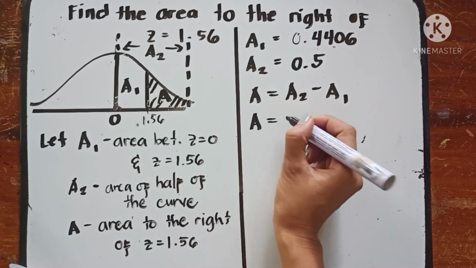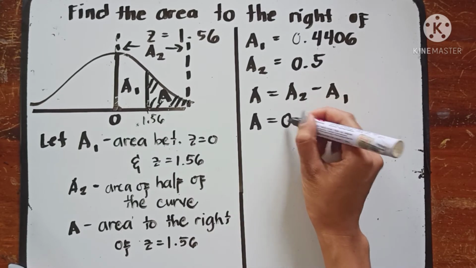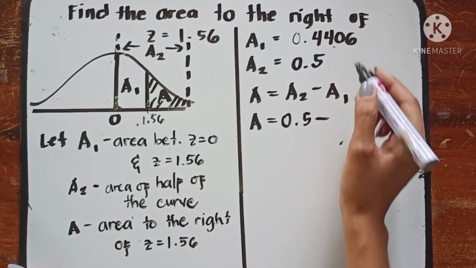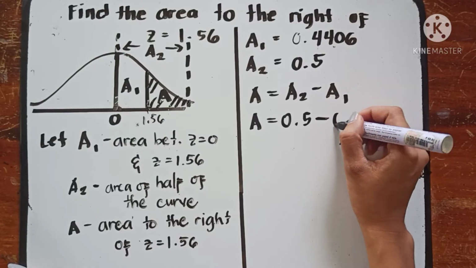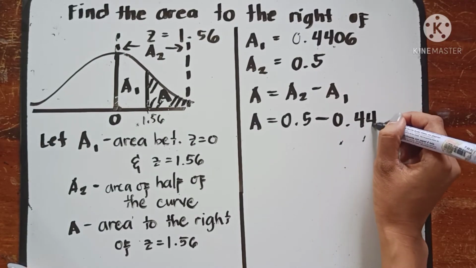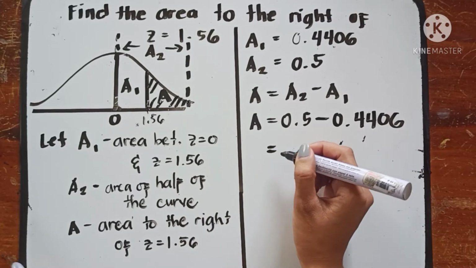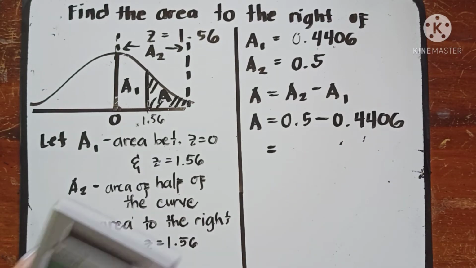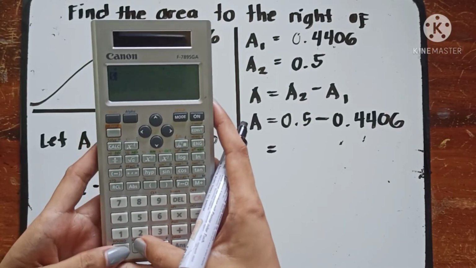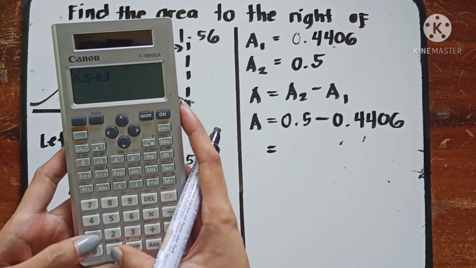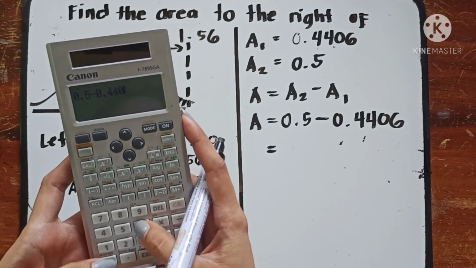Okay? So, now, meron na tayo a sub 1, meron tayo a sub 2. Just substitute. A is equal to a sub 2 natin, which is 0.5. Then, minus a sub 1 natin, which is 0.4406. That is equal to 0.5 minus 0.4406.